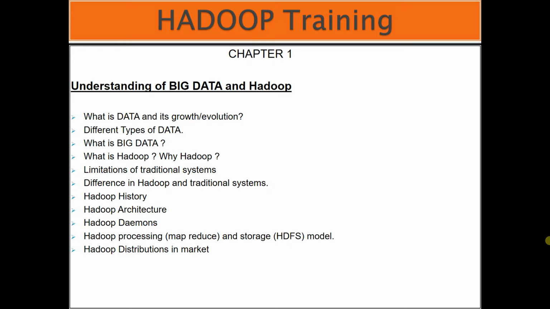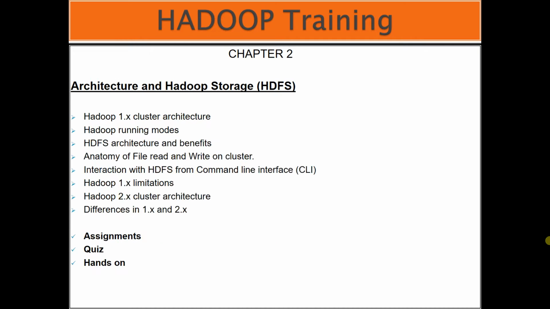Then we'll discuss the various Hadoop distributions in the market, like MapR, Cloudera, and Hortonworks, which is used more and why each one is important, what's the specialty of each distribution and why we have those distributions.